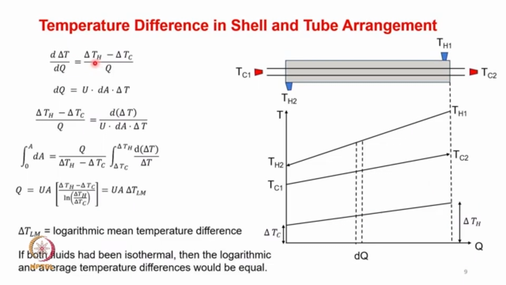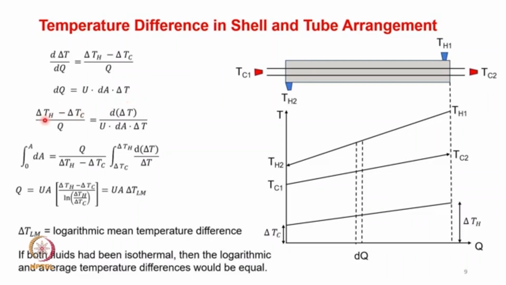So d delta T by dQ would be computed as delta Th minus delta Tc divided by the total Q. And we all know that dQ is U A delta T, so dQ should be equal to U dA delta T.